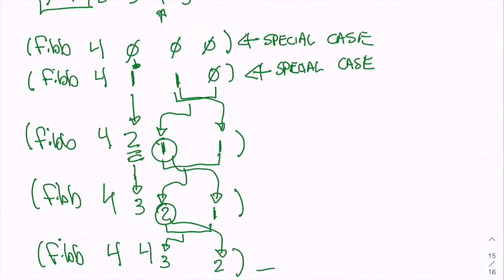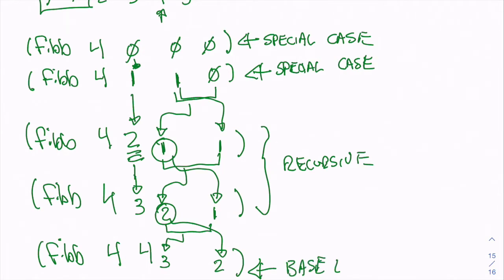Now this is also a special case. These are recursive cases here. But this is going to trigger a base case. And the base case is going to be triggered because the goal, which is 4, and the current value is 4. So we need to stop.